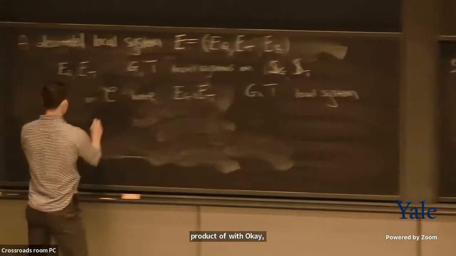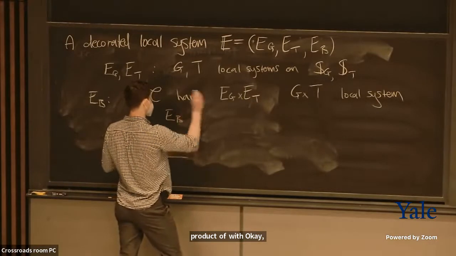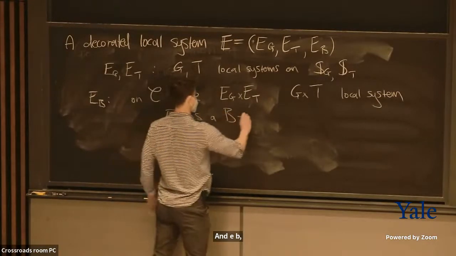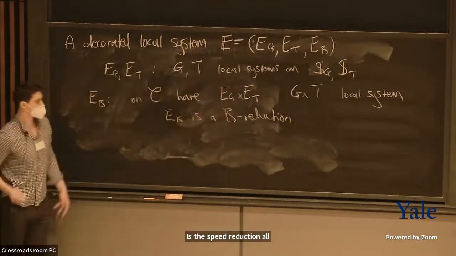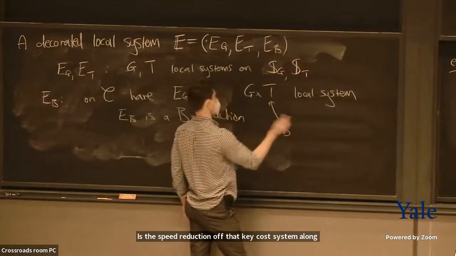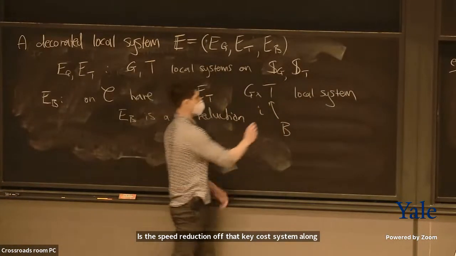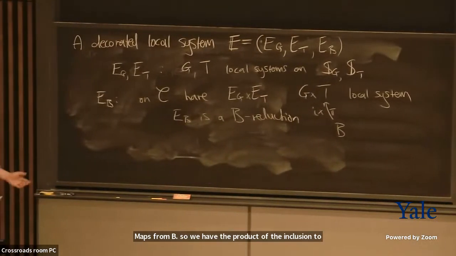And EB is a B reduction of that G cross T local system along the product map from B, where we have the product of the inclusion to G and the projection to T. Okay.